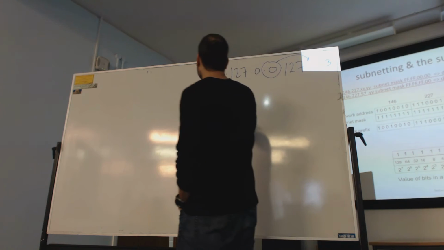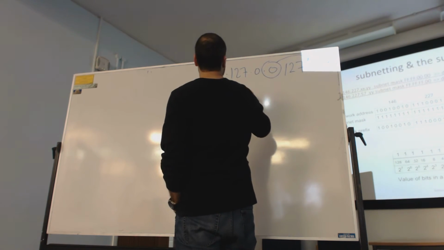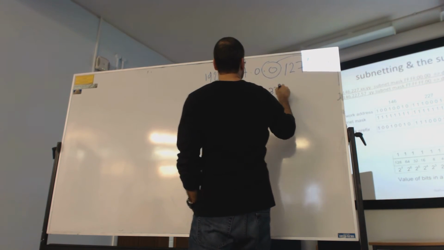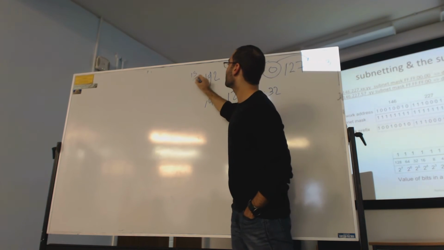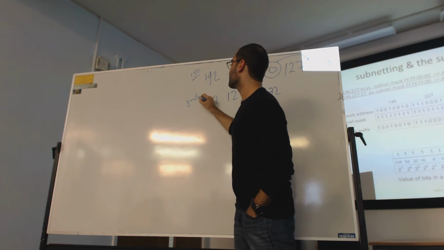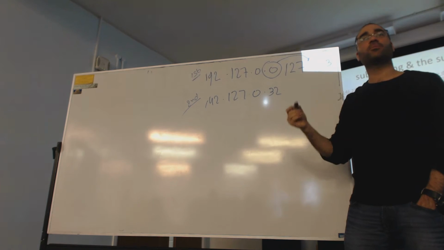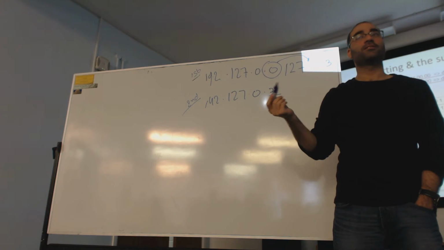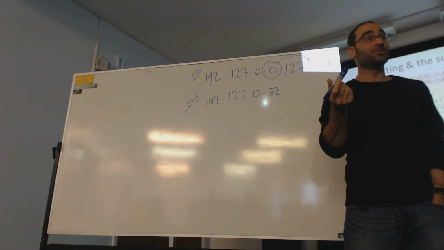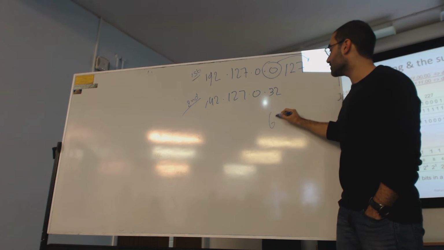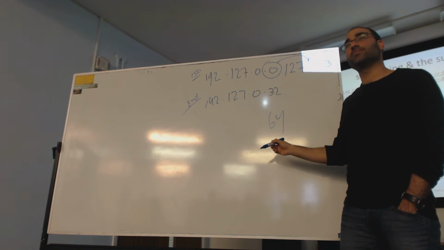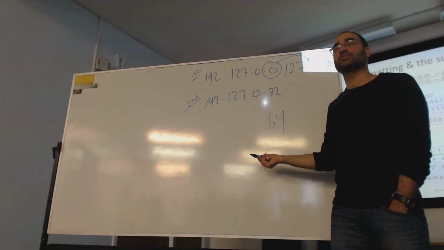So in other words, that would be 192.127.0.32. That's your first subnet, and that's your second subnet. What's your third subnet? Incremented by 32. What's the value? 64. What's your fourth subnet? Incremented by 32, and so on.